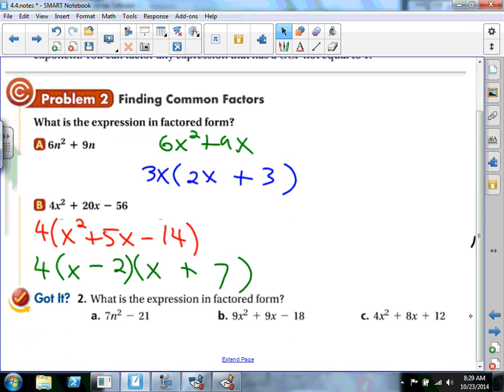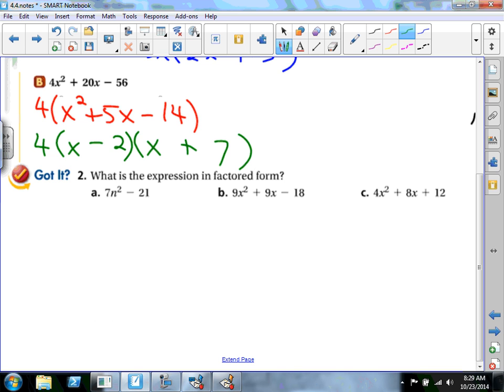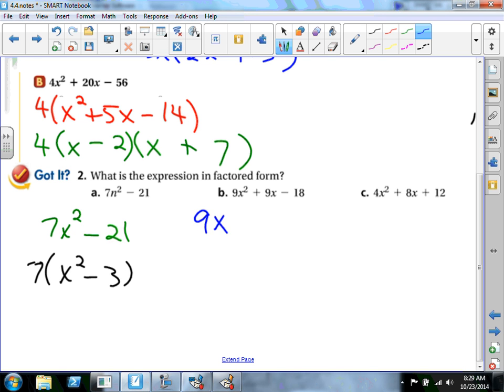Okay. So on these ones at the bottom, we've got 7x squared minus 21. What can we factor out of that? A 7, good. If we factor out a 7, that leaves behind x squared minus 3. On the next one with the 9s in it, 9x squared plus 9x minus 18, we could factor a 9 out of that, and if we did, it'd leave x squared plus x minus 2.